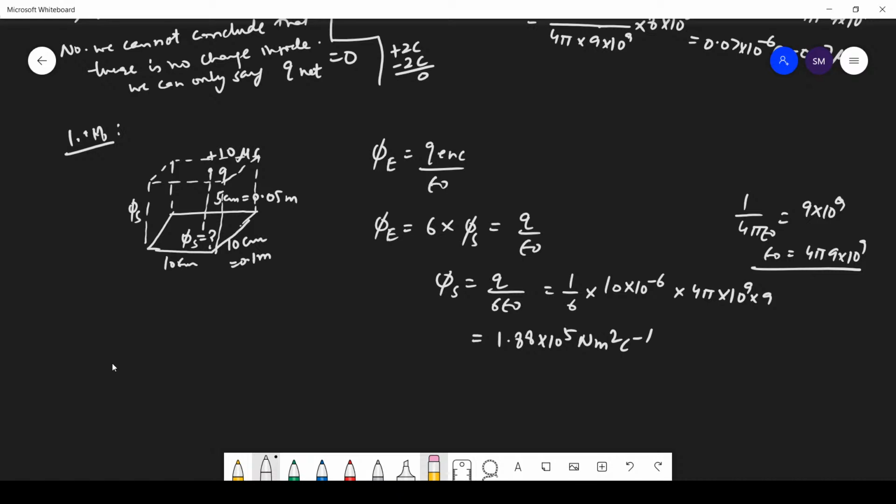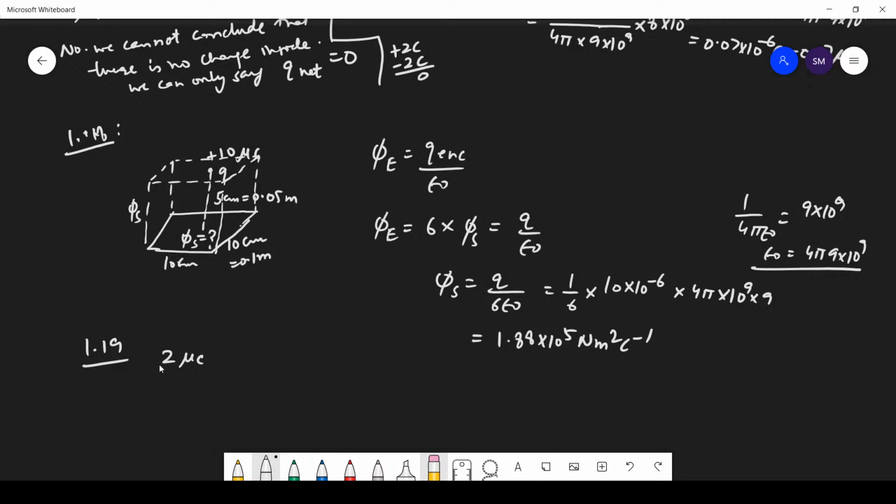These examples related to flux are quite easy, students. Let us do one more question. 1.19. A point charge of 2 microcoulomb is at the center of a cubic Gaussian surface 9 centimeter on edge. What is the net flux through the surface?